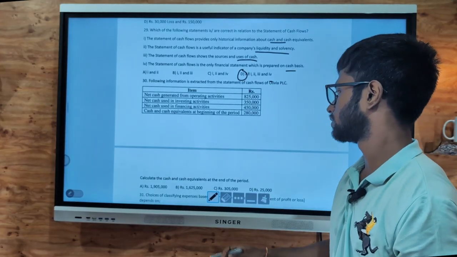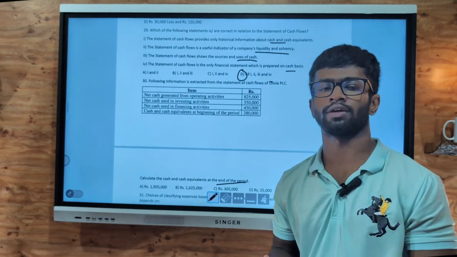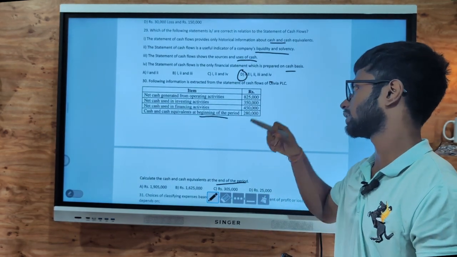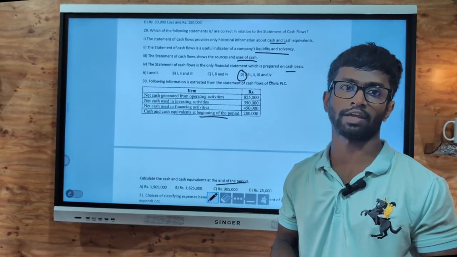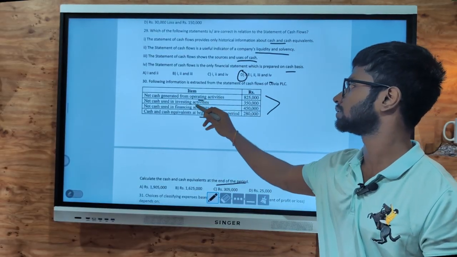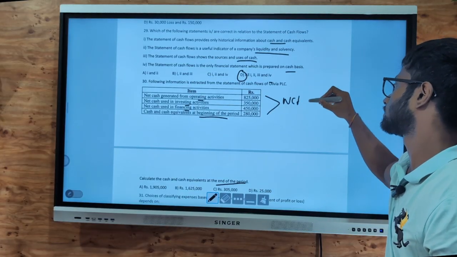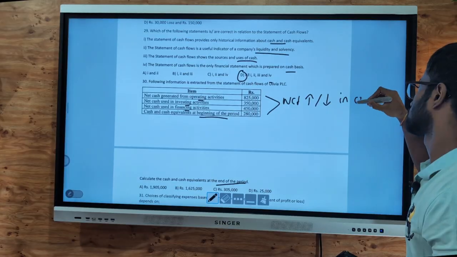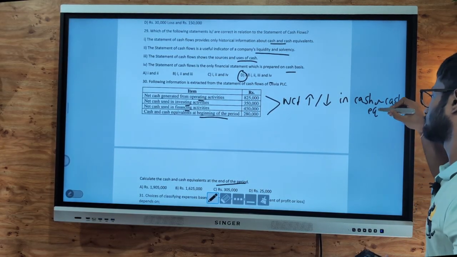Next, we have to get the year-end cash and cash equivalent. Now, I have told you the year-end cash and cash equivalent is your opening cash and cash equivalent, you add the net increase or decrease in cash and cash equivalent. How you get the net increase or decrease is the addition of operating, investing and financing.